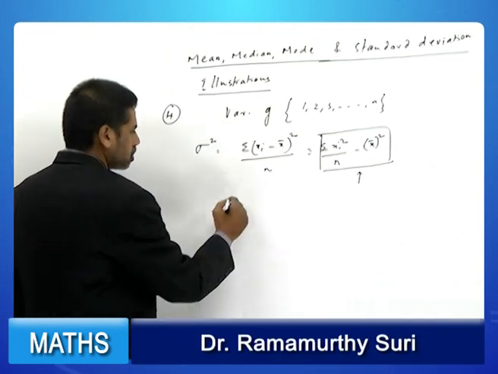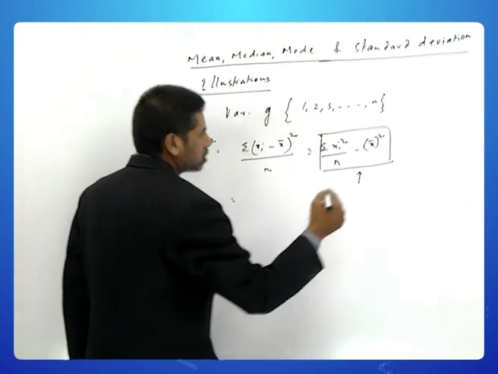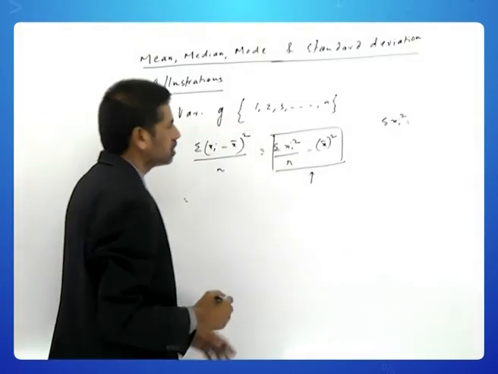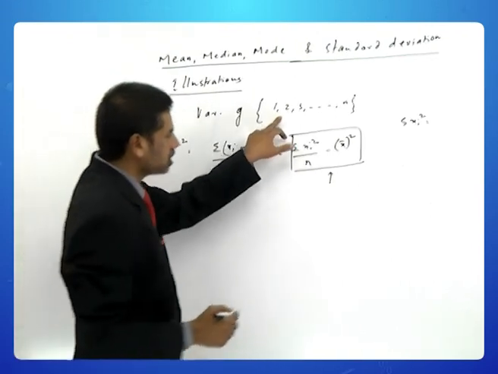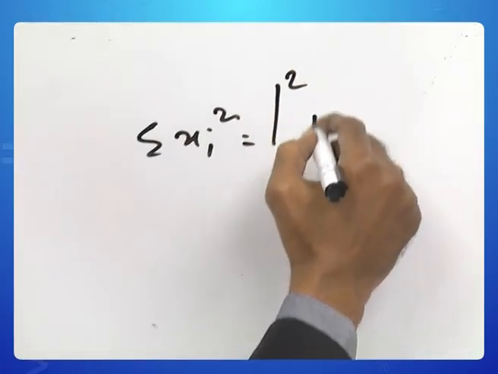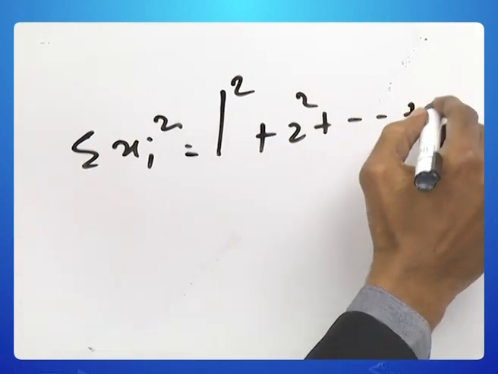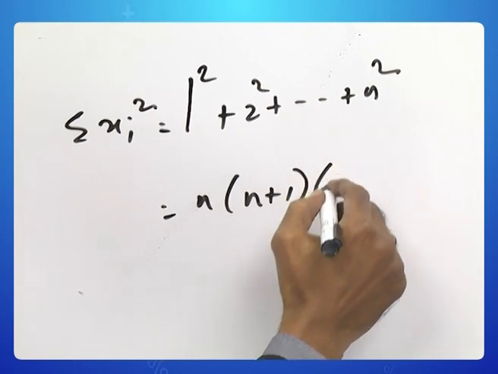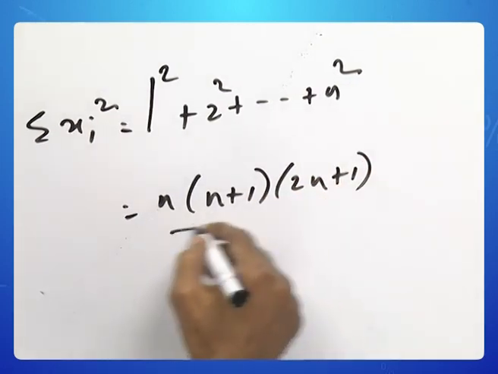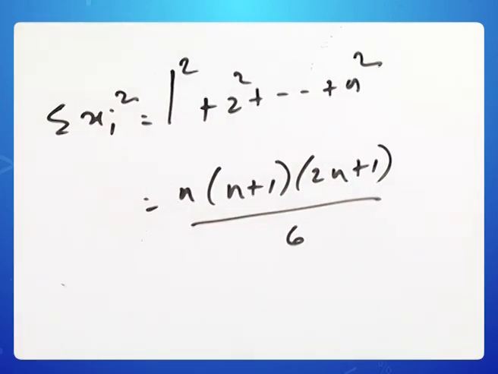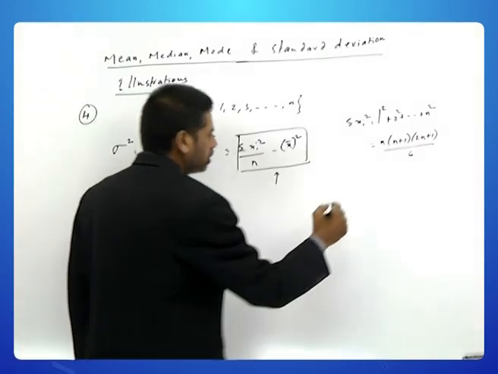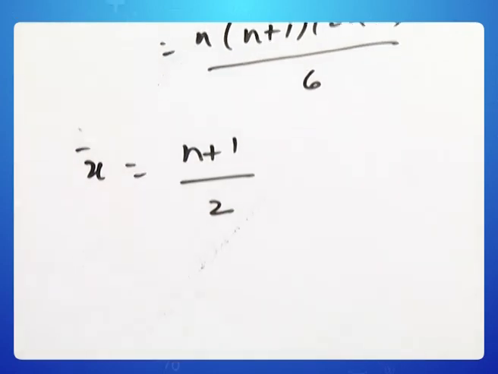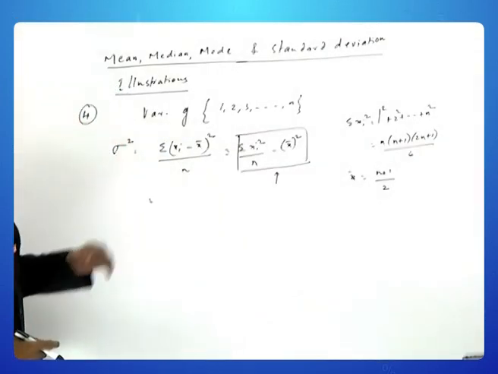So, when you apply this to this problem, let us do summation xi squared, which is nothing but the sum of the squares of the first n natural numbers, that is 1 square plus 2 square and so on plus n squared. We know from school math this is n into n plus 1 into 2n plus 1 divided by 6, and we already know x bar is equal to n plus 1 by 2, which is the mean of the first n natural numbers.